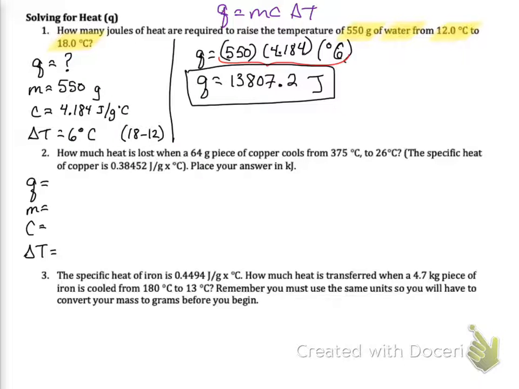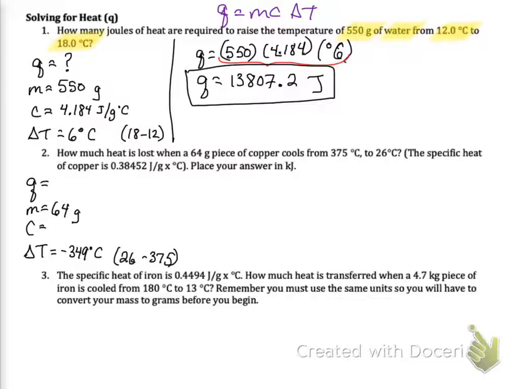Question 2 says how much heat is lost when a 64-gram piece of copper cools from 375 to 26. So 26 minus 375. The change in temperature is final minus initial. So I get a change in temperature of negative 349 degrees Celsius.